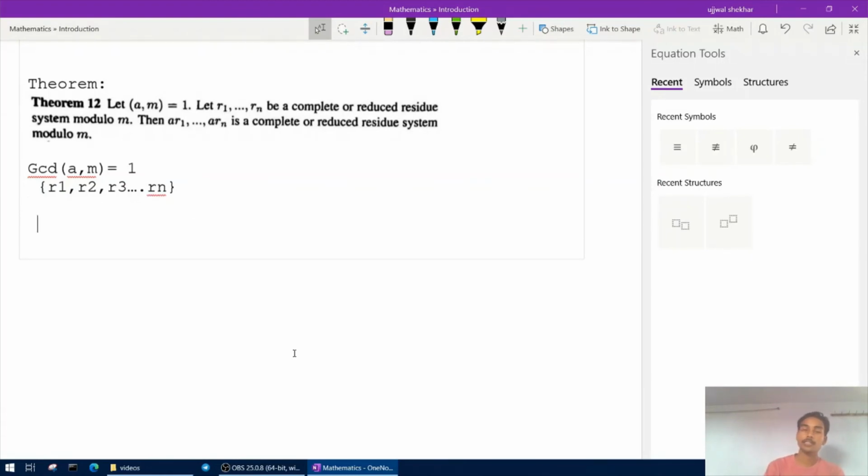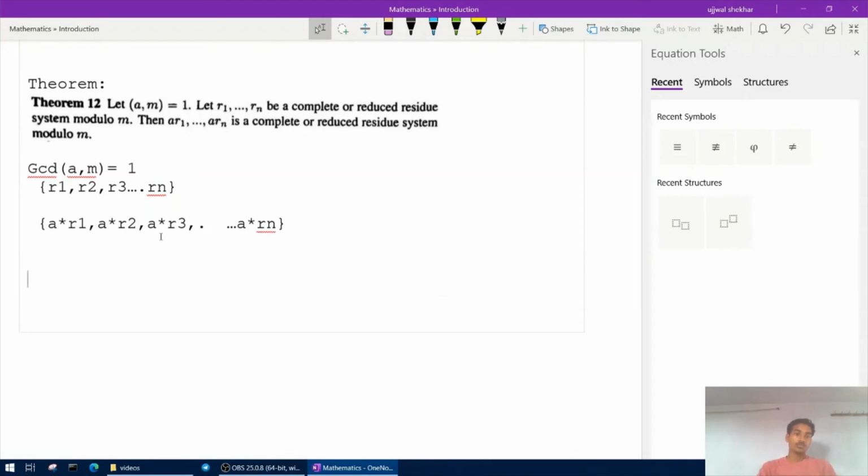Then it is saying that a star r1, a star r2, a star r3, up to a star rn will also be a complete or reduced residue system modulo m.